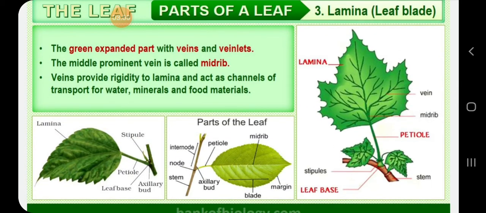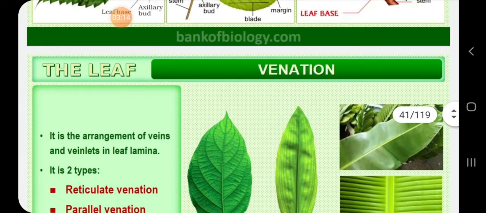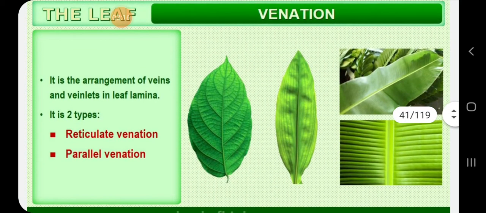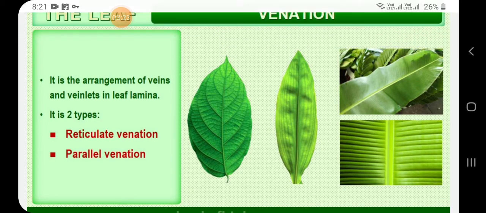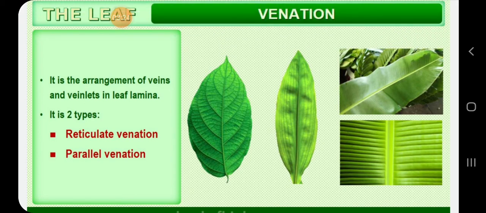Lamina, this is the green portion with veins and veinlets, midrib, all these portions are there, and this makes the different types of venation. So these are required for transportation purposes. Venation is the arrangement of veins in the leaf lamina, and these can be reticulate venation or parallel venation.